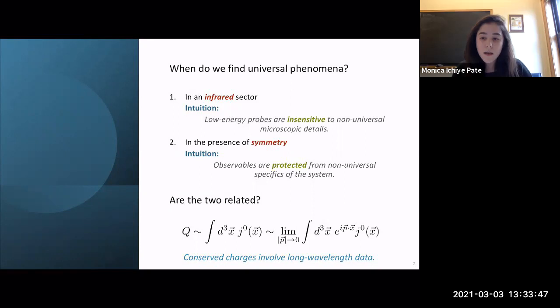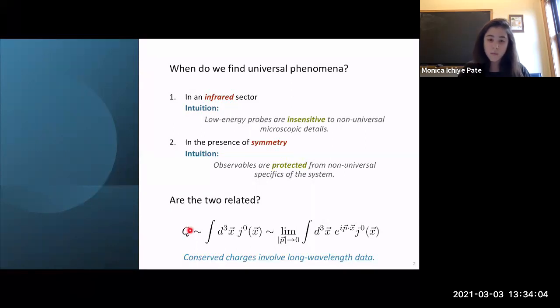And then the next thing that you might wonder is whether the two are related. In general, there's no general principle why they need to be, but in some cases they are. A very hand-wavy schematic argument about why you might think they could be related is suppose you consider the conserved charge for, say, a continuous symmetry.